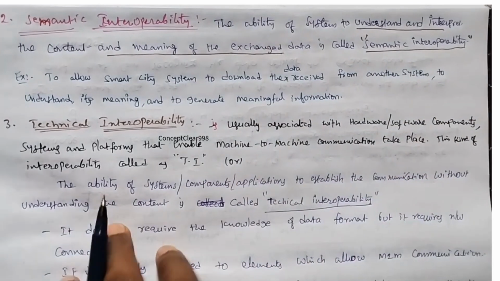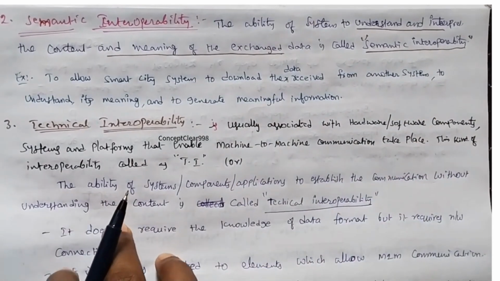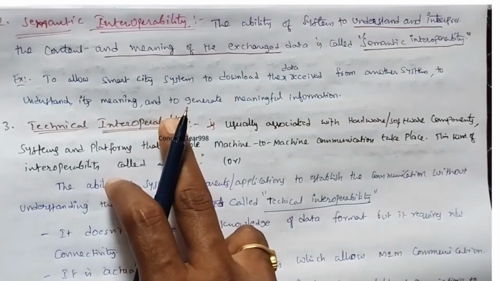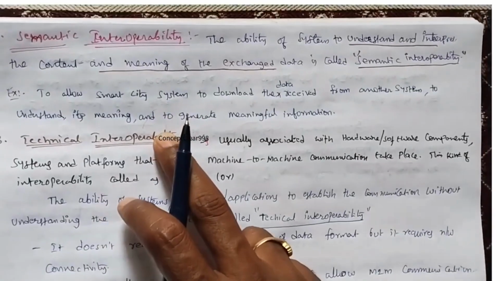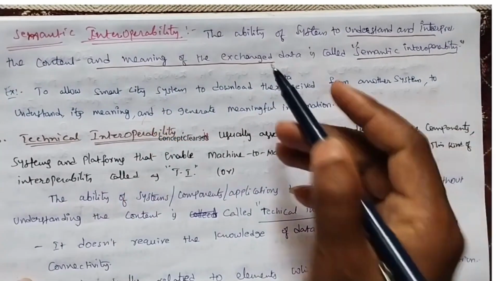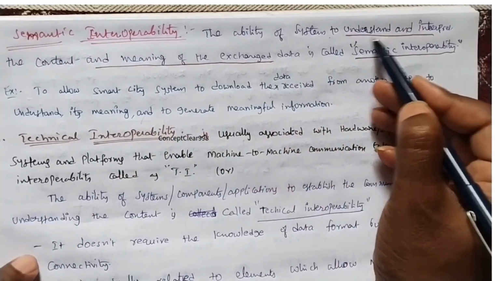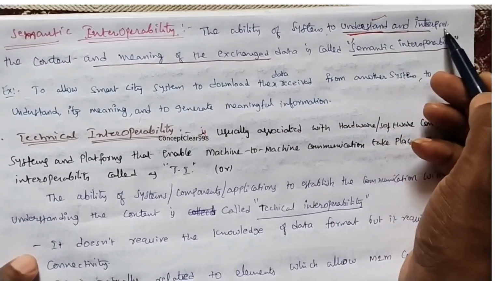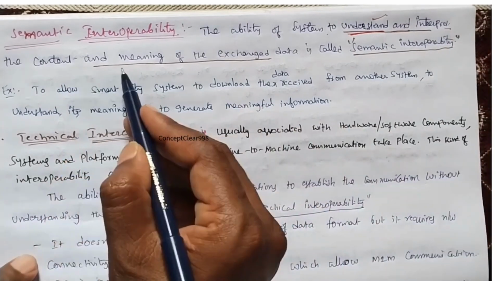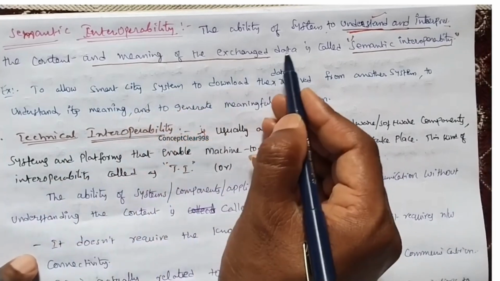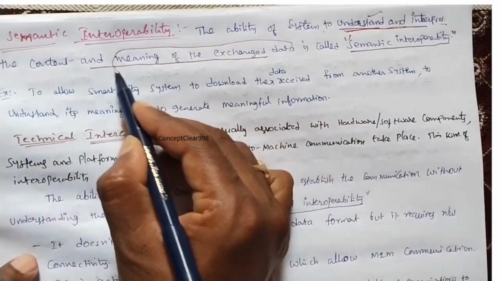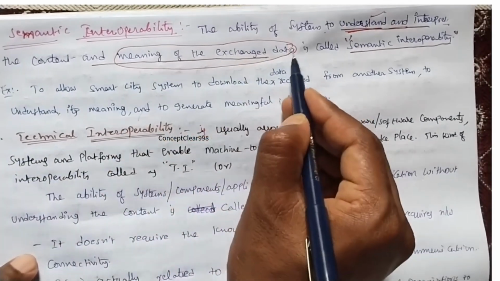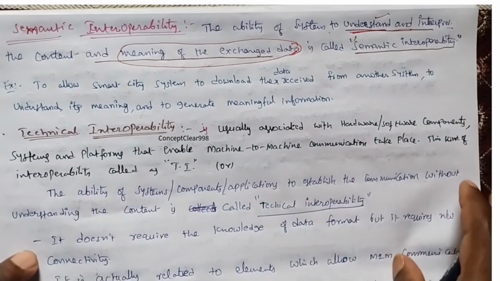The next one is semantic interoperability. What is the meaning of semantic interoperability? Here we should know what the meaning of the message is. Simple చూడండి, the ability of the system to understand and interpret the content and meaning of the exchanged data. అంటే ఏంటి, ఇక్కడ what is the message we should know.